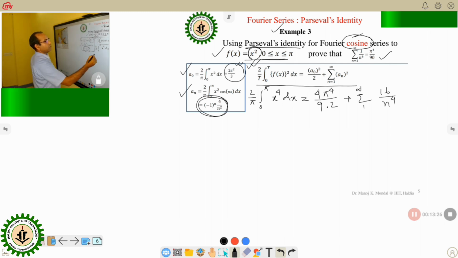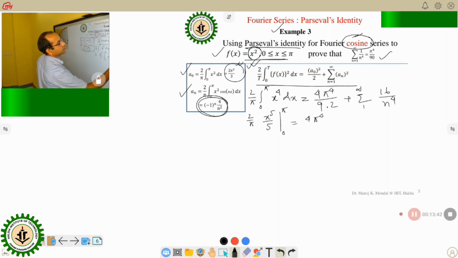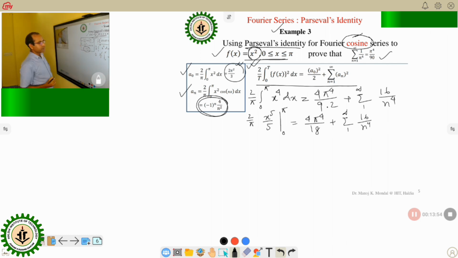Now we have to calculate the left hand side integration. It is 2 by pi, x to the power 5 by 5 with the limits 0 to pi, and the right hand side is 4 pi to the power 4 divided by 18, plus summation 16 by n to the power 4.